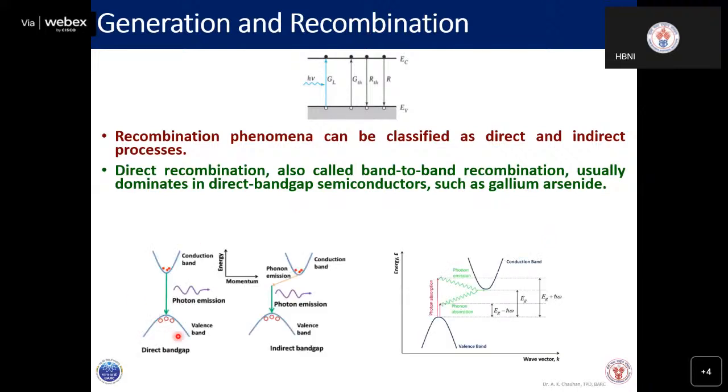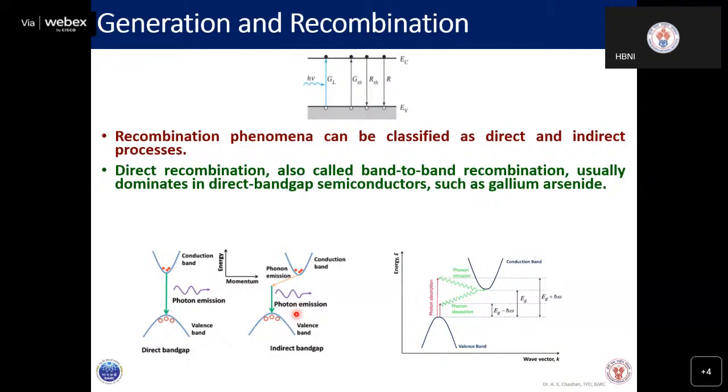And what are direct band gap materials? These are materials where the bottom of the conduction band has the same value of momentum as the top of the valence band. So the electrons have moved from this place to this place, leaving holes.